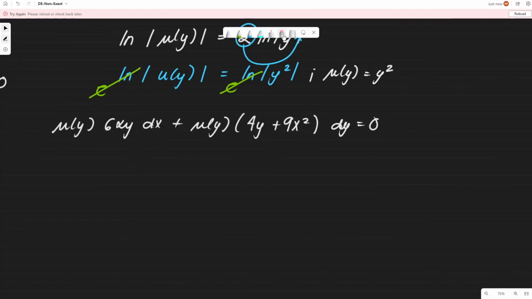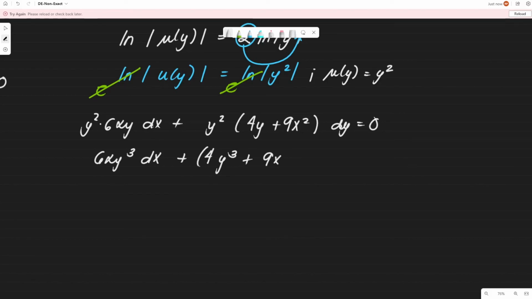So I'll just change the mu of y with y squared. So therefore, we have 6xy cubed dx plus 4y cubed plus 9x squared y squared dy is equal to 0.